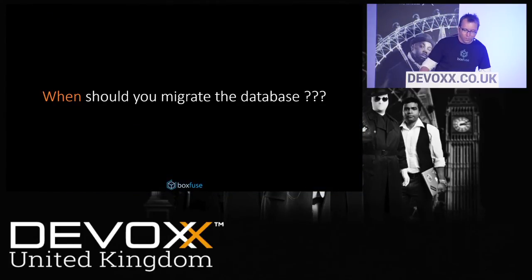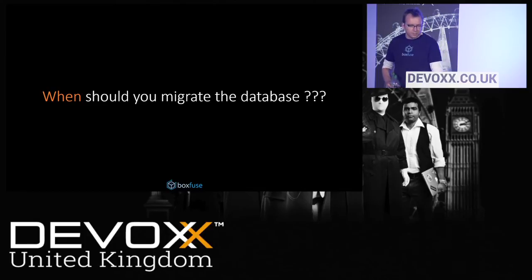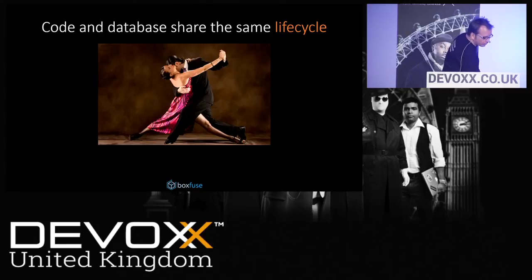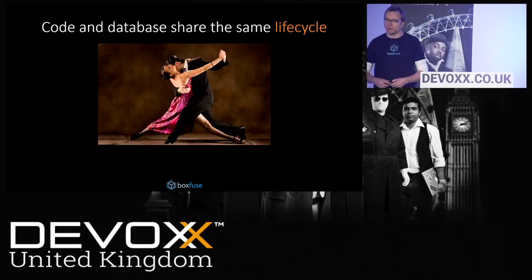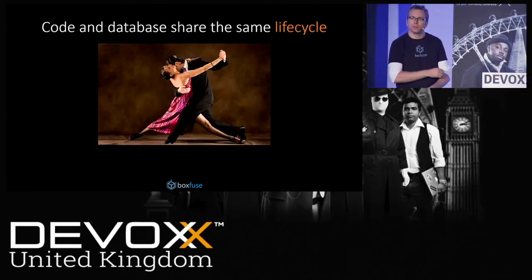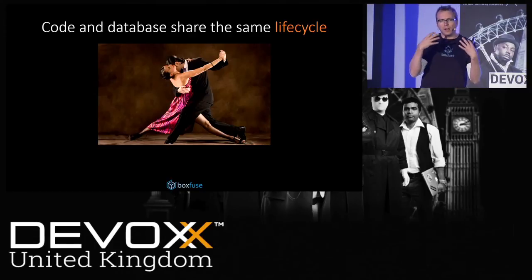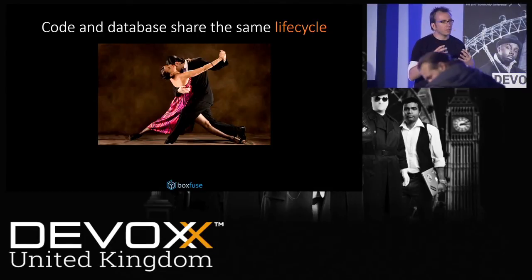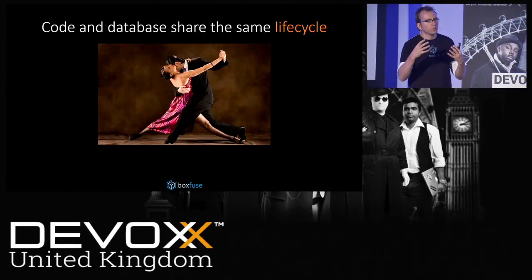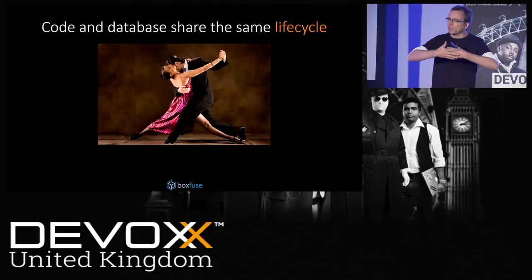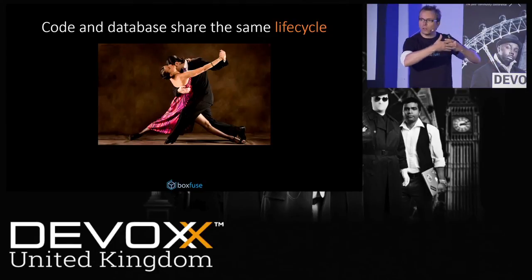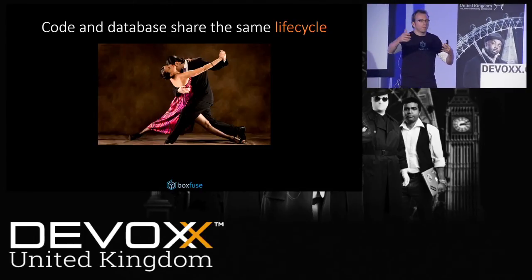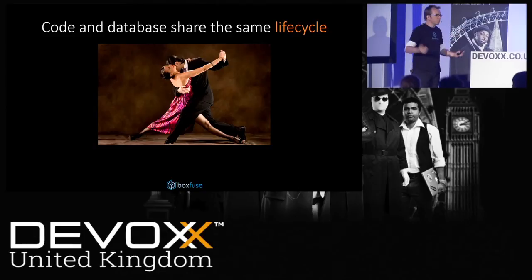So when should you migrate the database? Well, I actually strongly believe this question should be rephrased as, what is the life cycle of your database schema? And I find that the life cycle of the database schema is actually tightly coupled to the life cycle of your application. A certain version of an application has certain expectations of tables and columns to be present, so that you can then read and write to them from your Hibernate entities or whatever you choose to use.